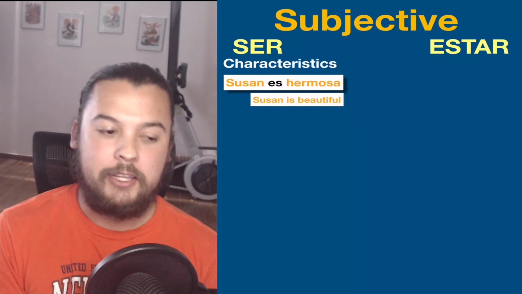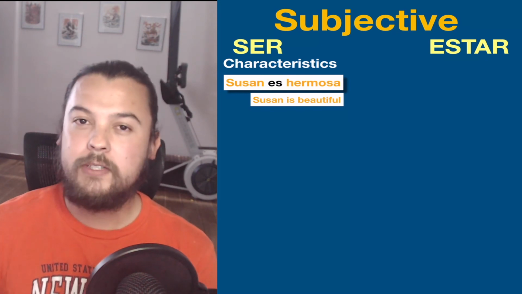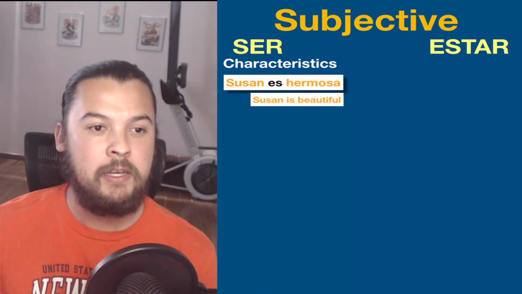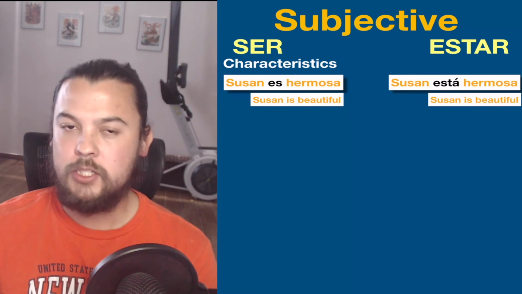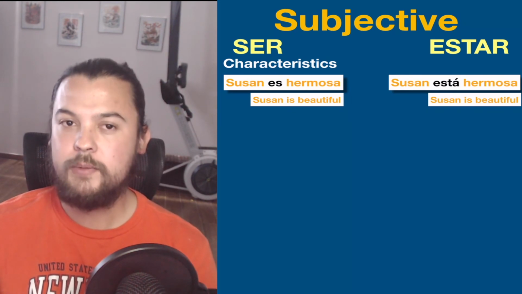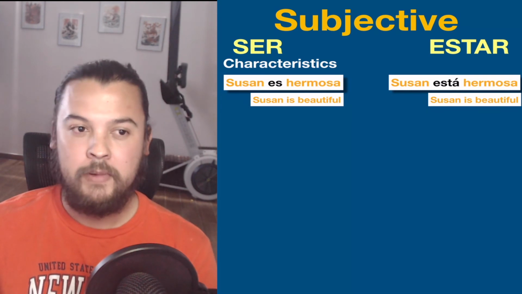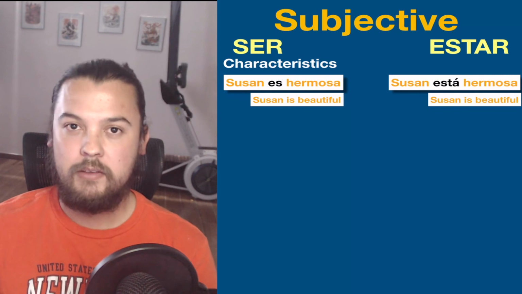There are other characteristics that also need to be called subjective because they really change depending on which verb you use. For example, Susan es hermosa. Susan is beautiful. But Susan está hermosa also means Susan is beautiful. There is a slightly difference here. Susan es hermosa is when Susan has always been cute.